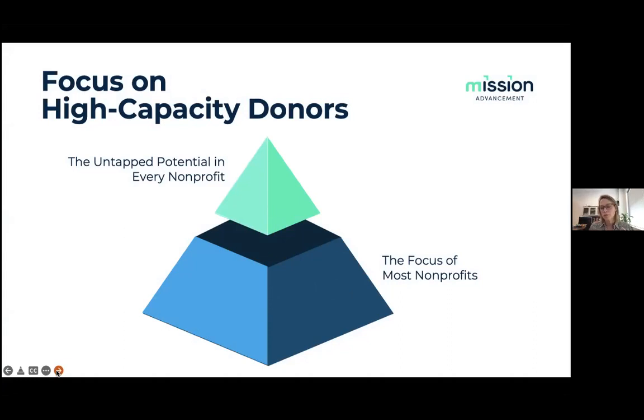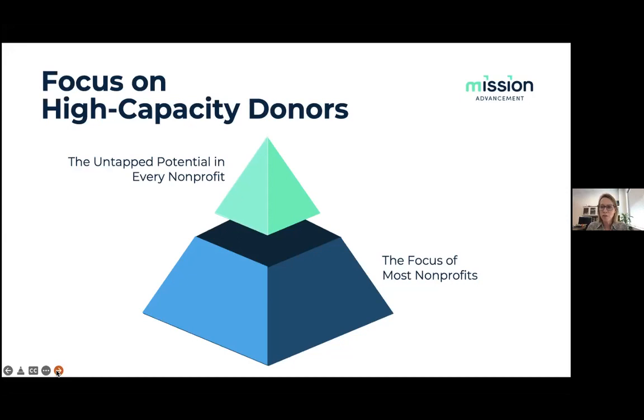So this is where that alignment and thinking about where time and energy should go is a really good internal conversation. If you're really focused on retention of your existing donor base, that takes time and effort.